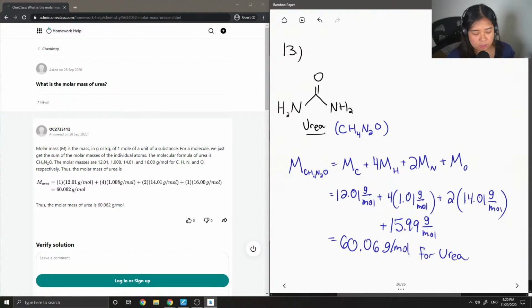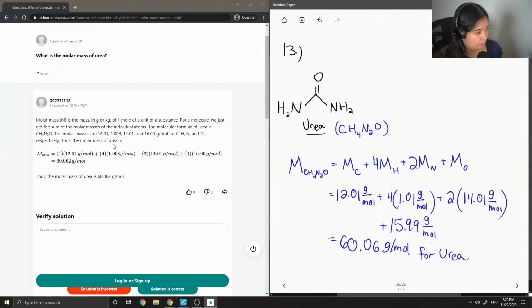Okay, so let's see what the junior tutor said. Molar mass is the mass in grams or kilograms of 1 mole of a unit of a substance. For a molecule, we just get the sum of the molar masses of the individual atoms. The molecular formula of urea is CH4N2O.